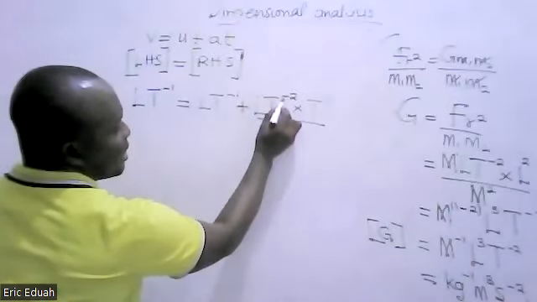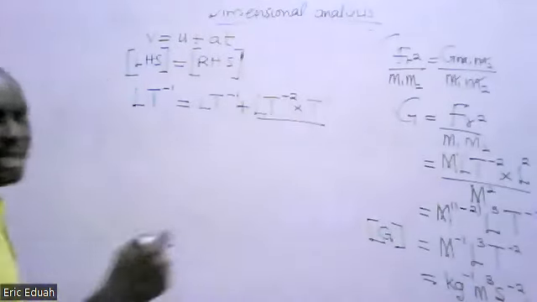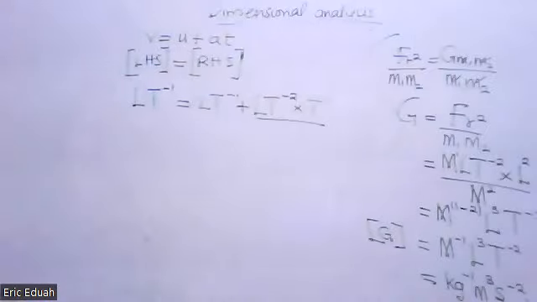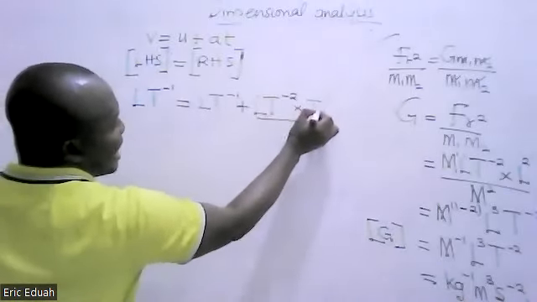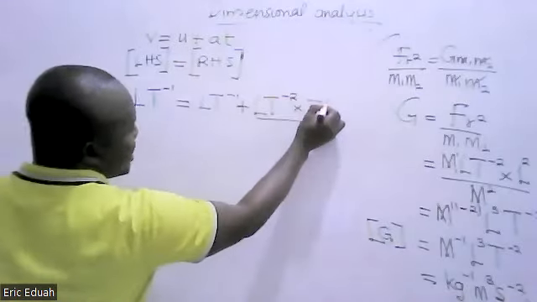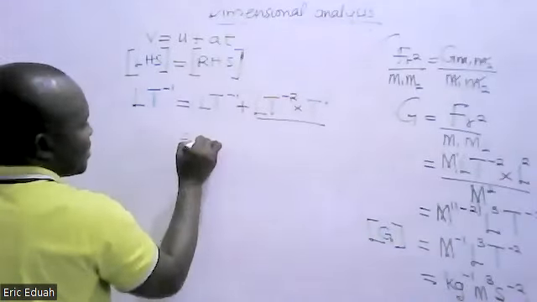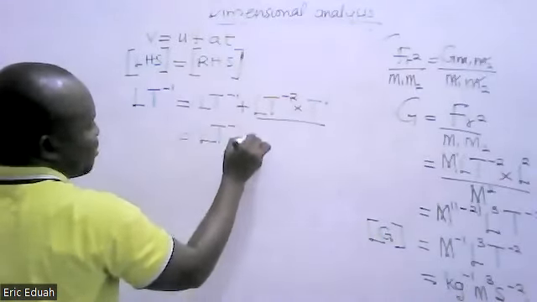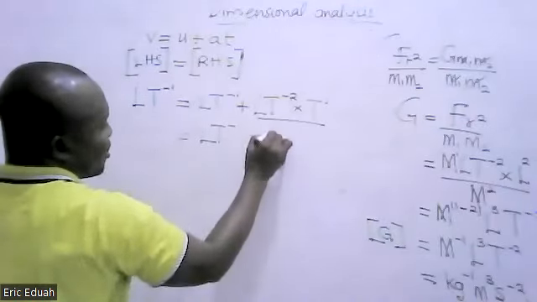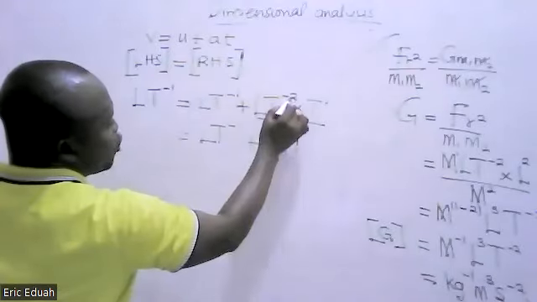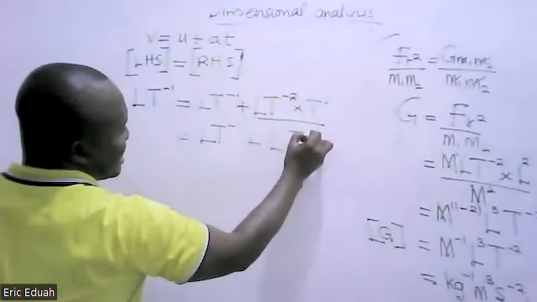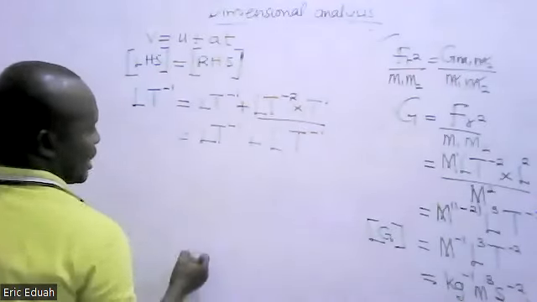I'm developing a dimension here, okay? So here we can add this to this so that we have L T to the power negative 1 plus this, which is only L, but for T we have negative 2 plus 1, giving us negative 1, okay?